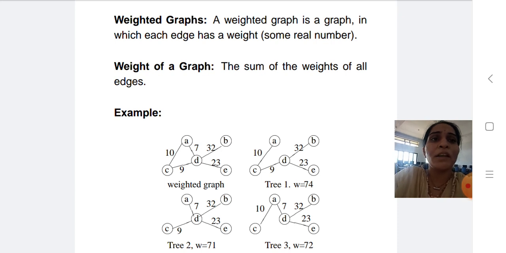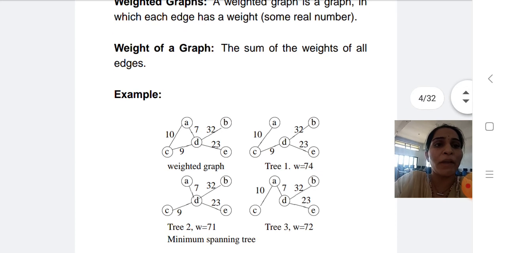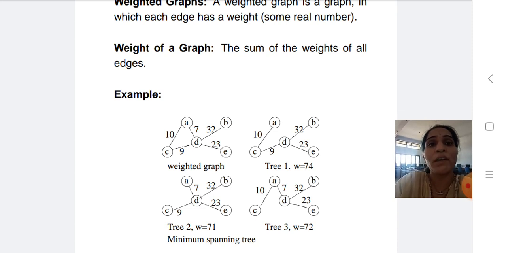DE has a weight 23. And for its spanning trees, as per the above figure, we have generated 3 spanning trees, and the respective spanning tree, tree 1, has a weight 74 since 10 plus 9 plus 32 plus 23 is equal to 74. That's why spanning tree 1 has a weight 74.